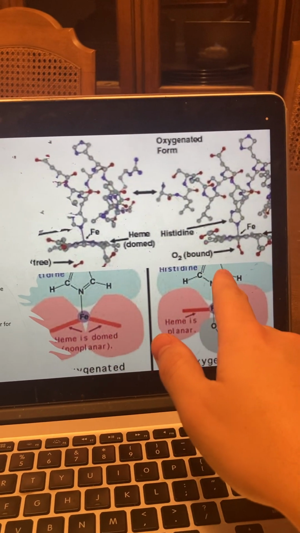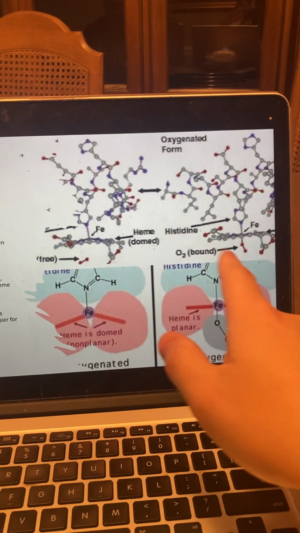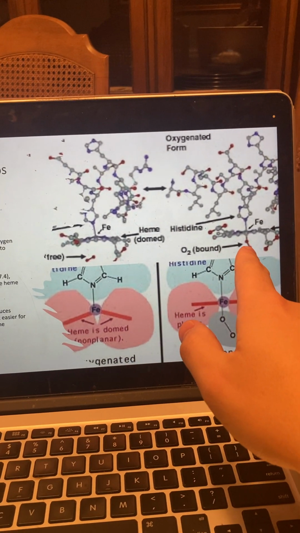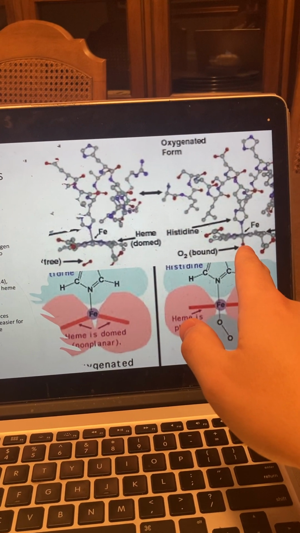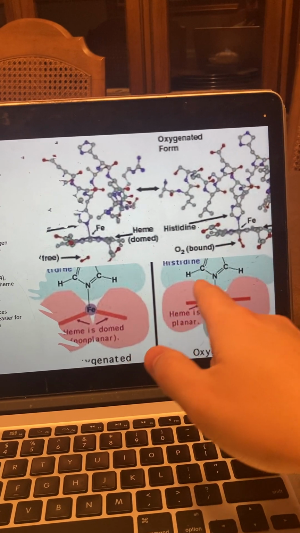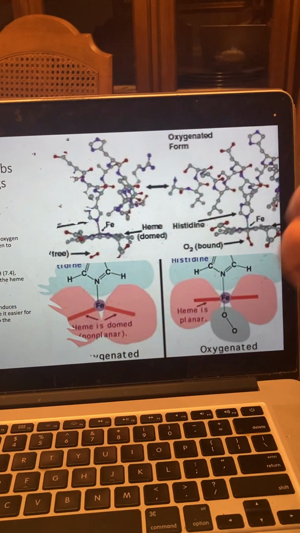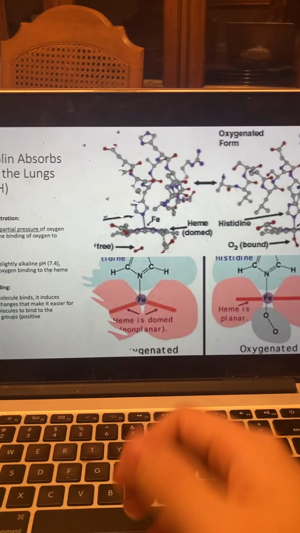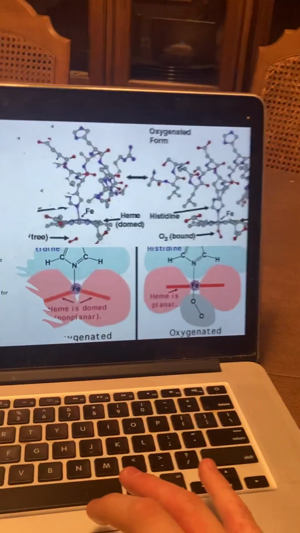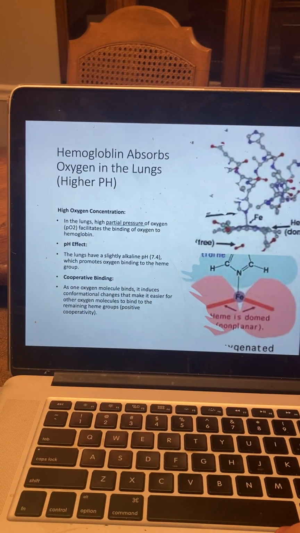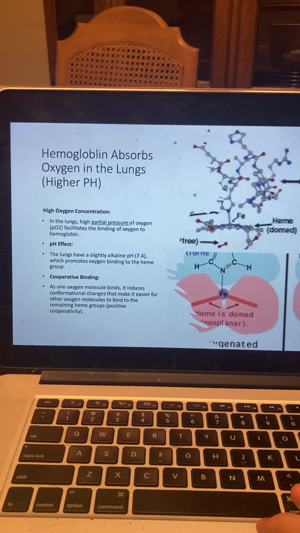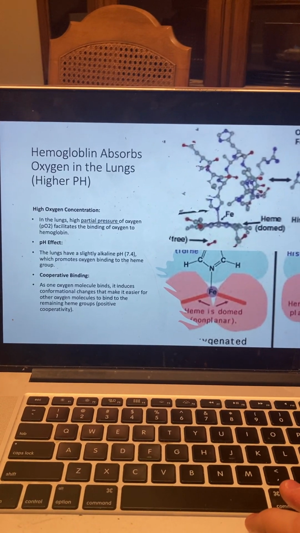And you can probably imagine, if there's a bunch of protons in this area too, as we'll see in a second, that oxygen would probably be tempted to go to that hydrogen, and with a bunch of randomness in a system, eventually it might happen. The lungs have a slightly alkaline pH of 7.4, which is good for oxygen binding.